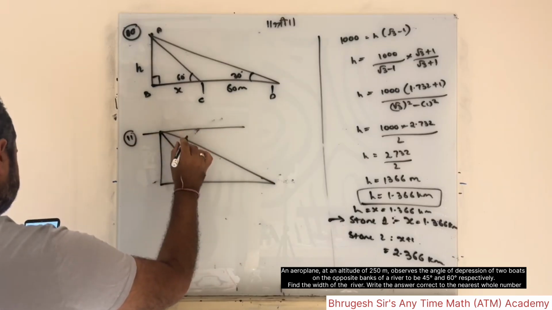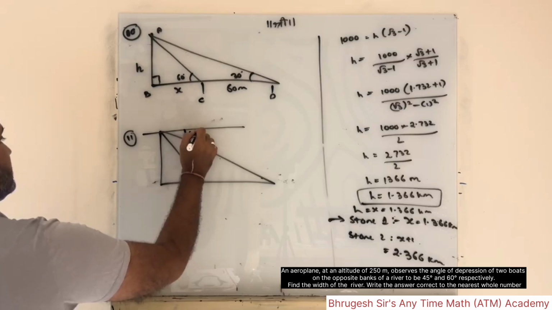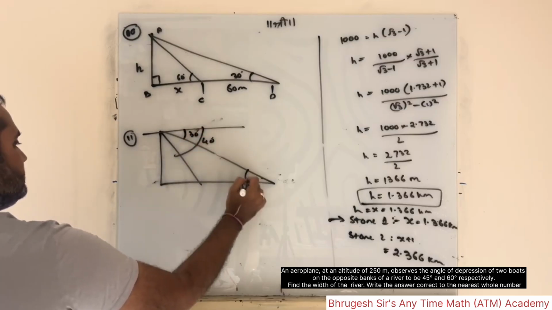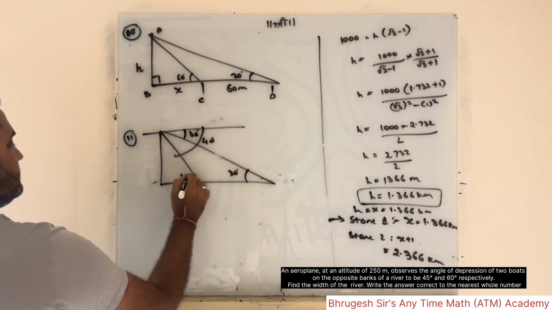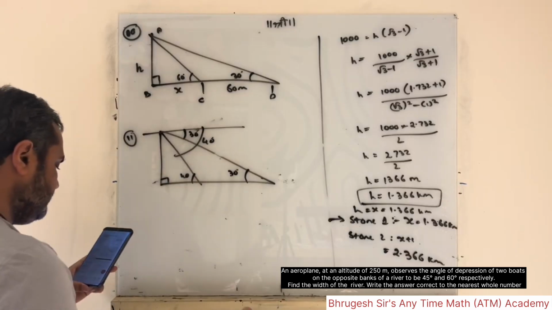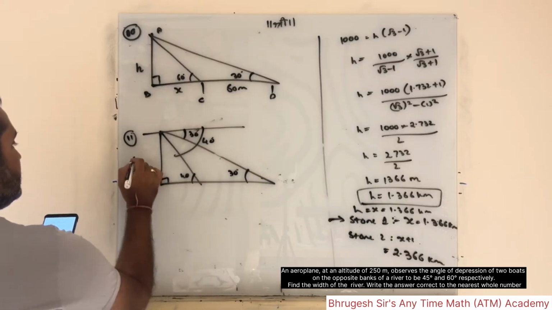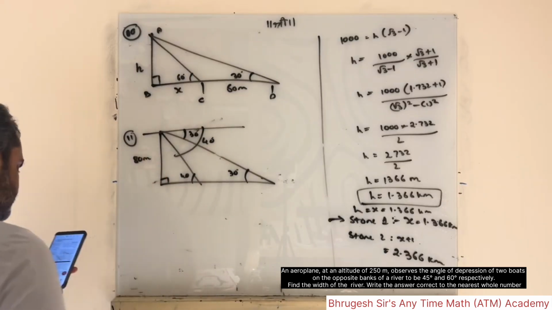Understood मेरे बच्चा लोग? So this is 30 degrees, this is 40 degrees. This is 30 degrees, this is 40 degrees. Okay? Understood, guys? 80-meter tall lighthouse.